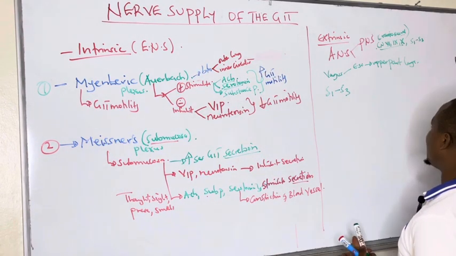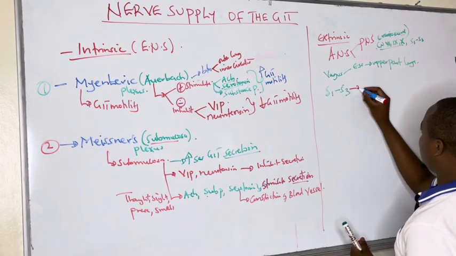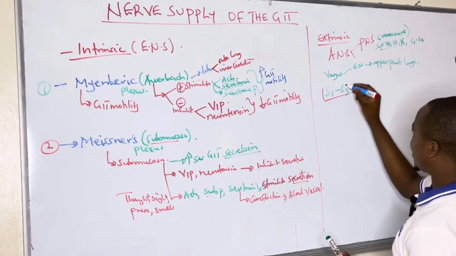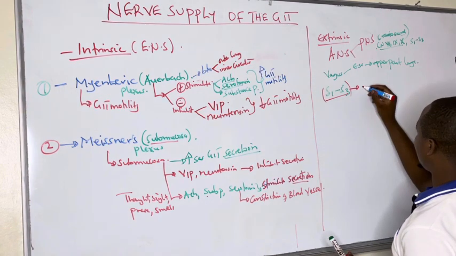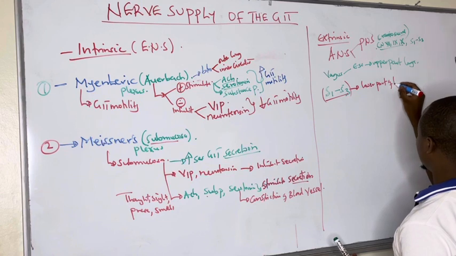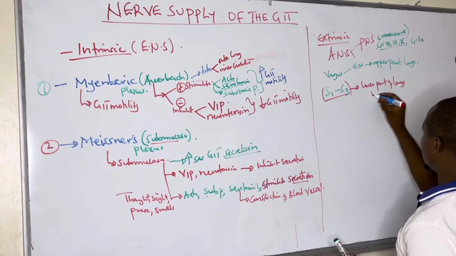They supply the lower part of the large intestine, whereby they break from the pelvic nerve. These are part of the pelvic nerve, which supplies the lower part of the large intestine.